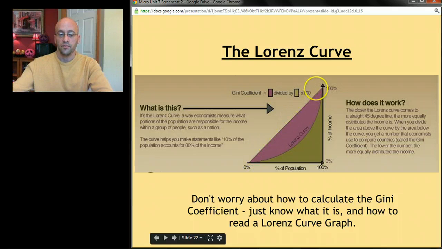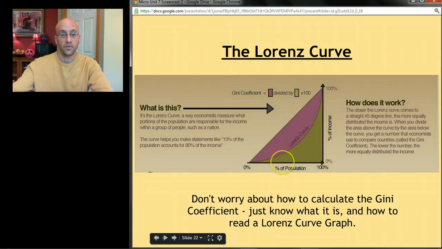This straight line represents perfect equality. In other words, 0% of the people getting none of the income, half the people getting half the income, all of the people getting all of the income. The Lorenz curve shows you what's actually going on in a certain country. So in this Lorenz curve, I see that something like 10% of the people are only getting like 1% of the income.